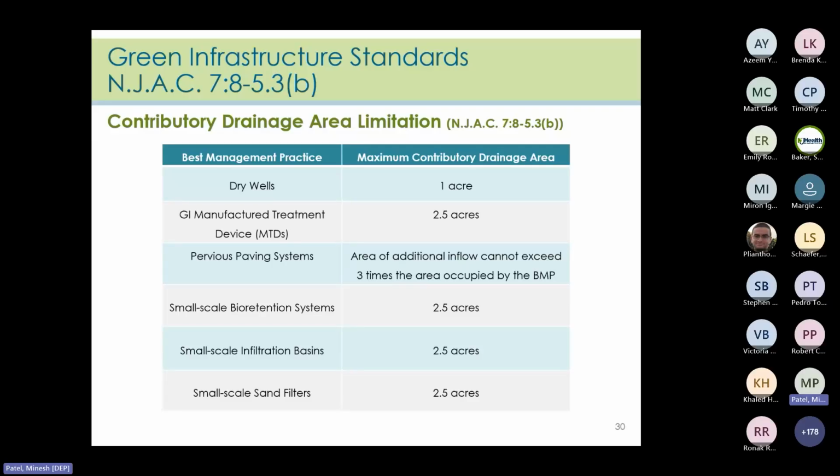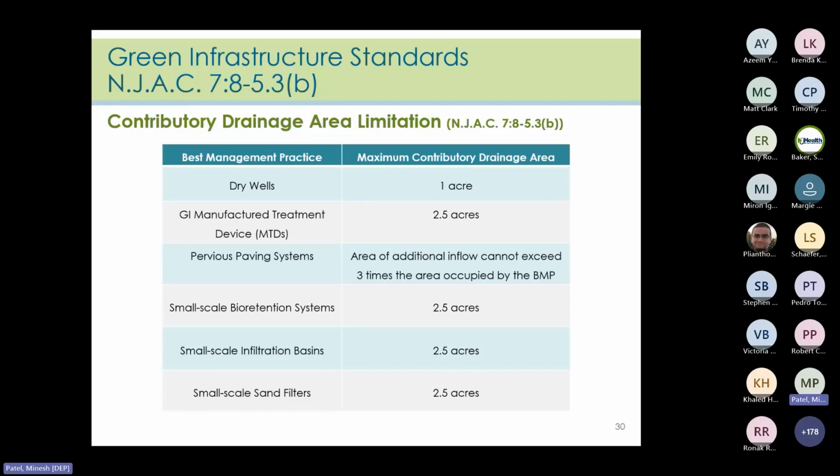Note, we are only talking about MTDs that are approved for GI. In the past, we've seen projects that propose to design 2 small-scale GI BMPs that each have drainage areas just less than the maximum allowed contributory drainage area, side by side, in a corner of the site, so as to try and get around the drainage limitation.